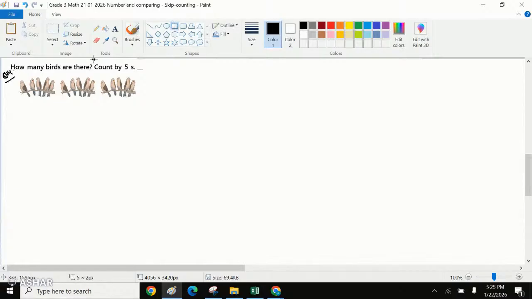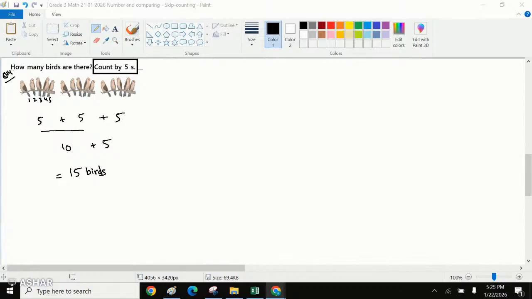If we are counting by the multiples of 5, the first pair had 1, 2, 3, 4, and 5. That means there are 5 birds on each branch, right? 5 plus 5 and plus 5, right? That means 10 plus 5 is equals to 15 birds in total. Yes, thank you, Precious. There would be 15 birds.